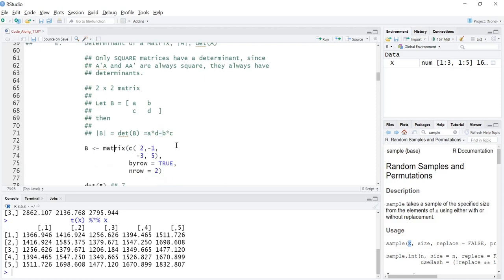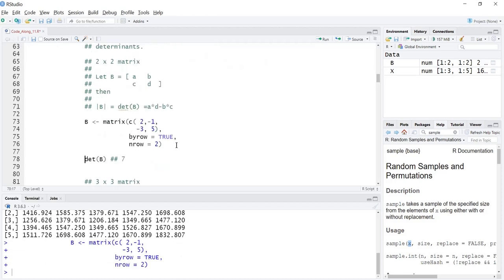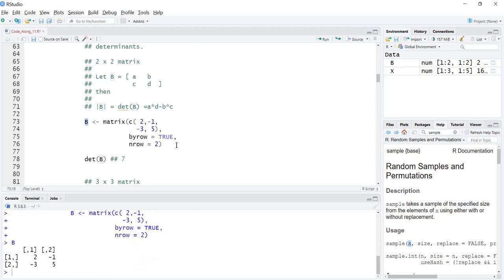Let's do an example. Here's a matrix, 2, -1, -3, 5, and it's a 2 by 2. You can see 2, -1, -3, 5. It's always a good idea to make sure that you did it right, because we used by row equal to true here. If we used false, then we would not have gotten this matrix; we would have gotten the transpose of it. We only get the transpose of a matrix by accident if the matrix is square.